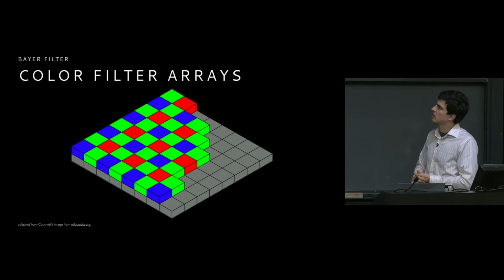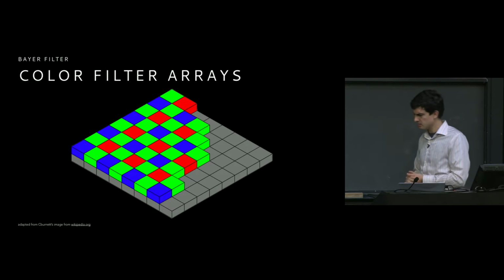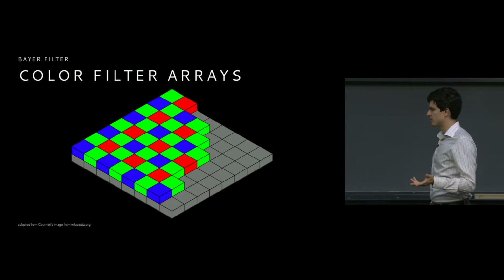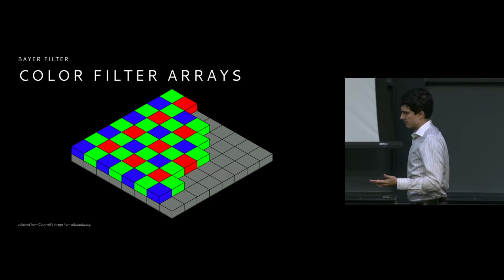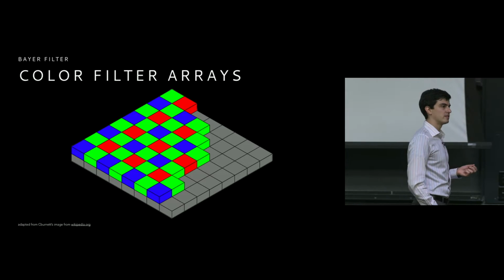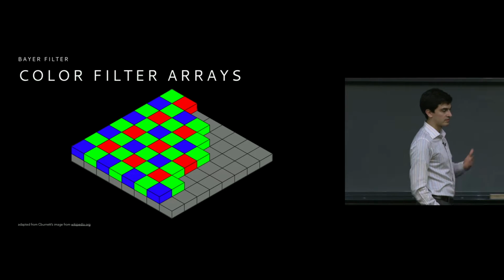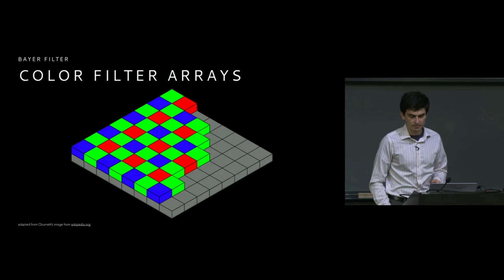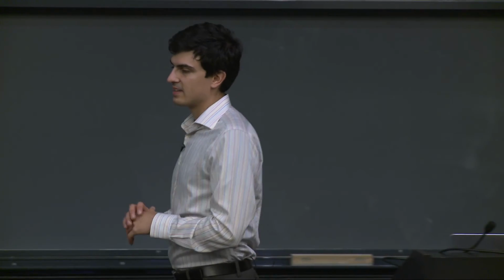But there are other types of color filter arrays as well. Some manufacturers love to go out there and create all sorts of crazy color filter arrays. I think Sony in particular did a lot of marketing several years in the past, where they created some filters that had emerald in it and cyan and yellow, a bunch of colors, and they said that this improved color fidelity and a bunch of other marketing speak.